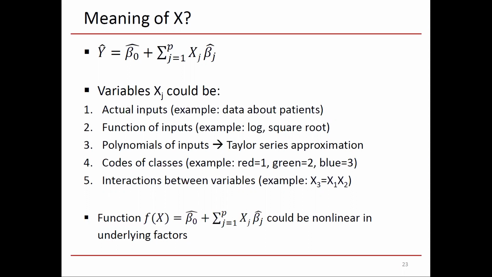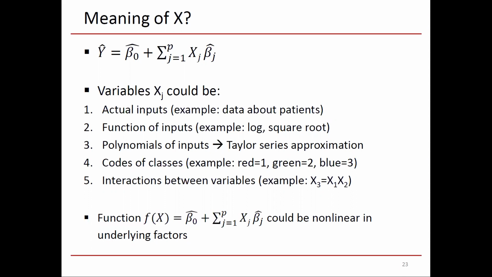There can also be interactions between multiple variables. So x3 could be a product of x1 and x2, not just monomials, but also polynomials with multiple terms and different raw inputs.